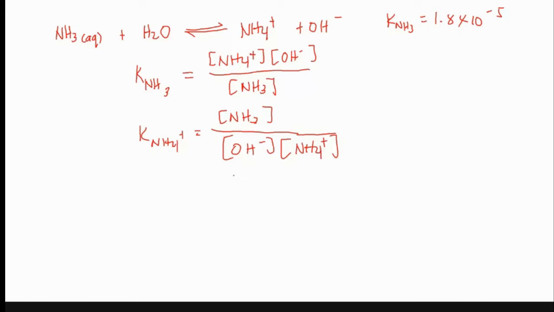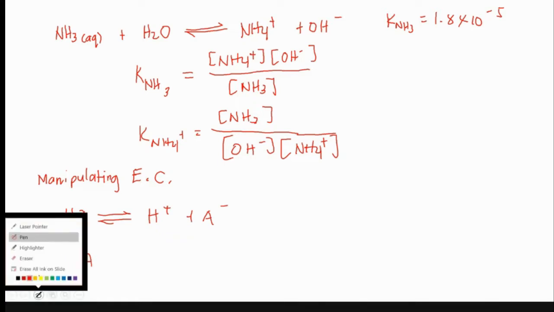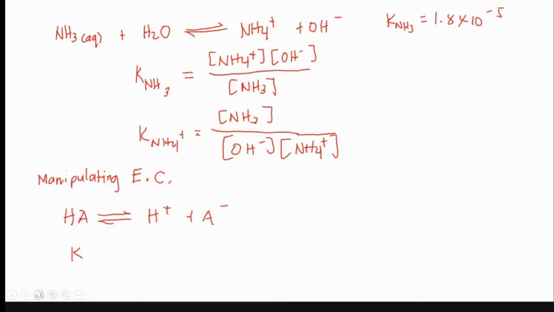So, pwede natin i-manipulate yung equilibrium constant. So, consider the reaction. Meron tayo H plus, and then A minus. Yung K A, K of HA, is H plus and A minus over HA.